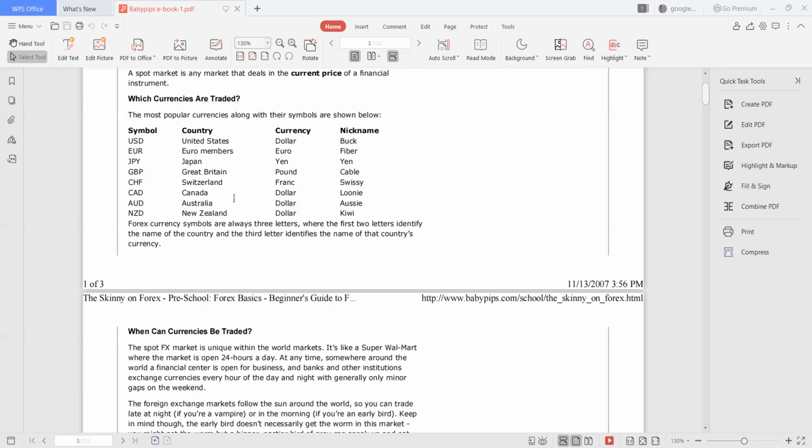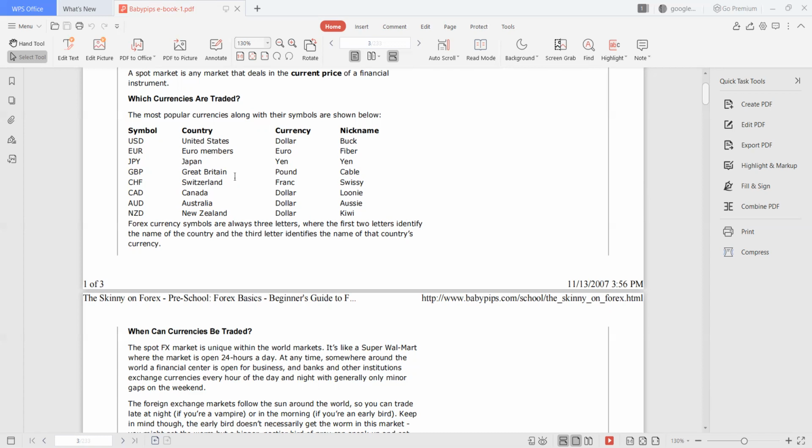So this is how a currency code is formed. They take the first two letters from a country like United States, the U and the S, and then the third letter is the name of the currency.